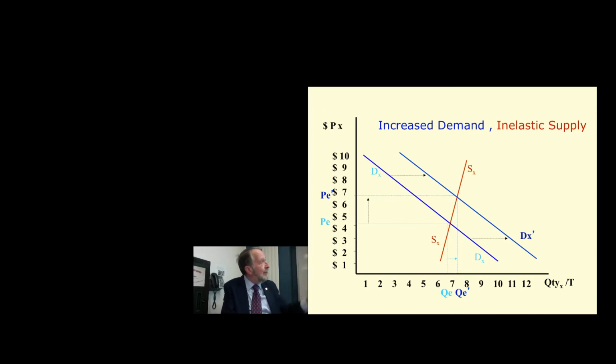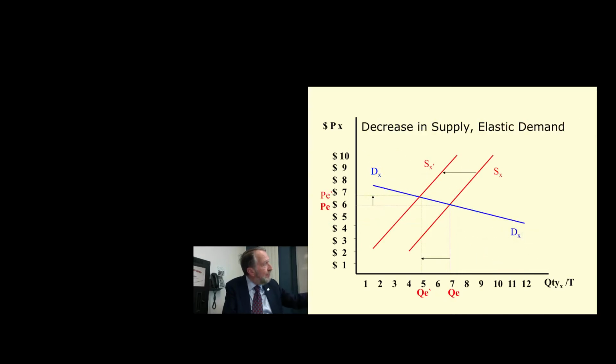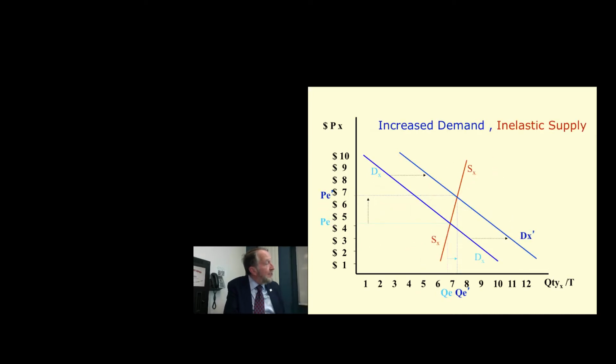Demand increases, price would go from the initial equilibrium up to the new one, so you get a big price increase, and the quantity increase is much smaller. So when supply is inelastic, changes in demand cause more price fluctuations than quantity changes.